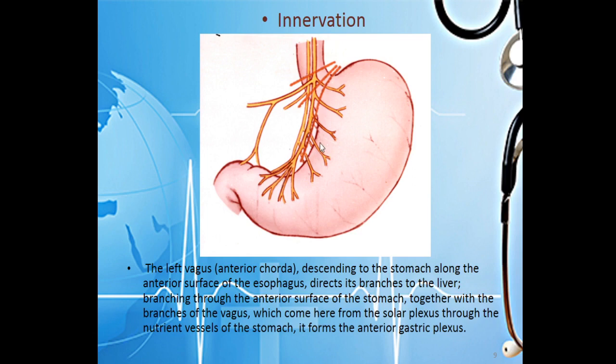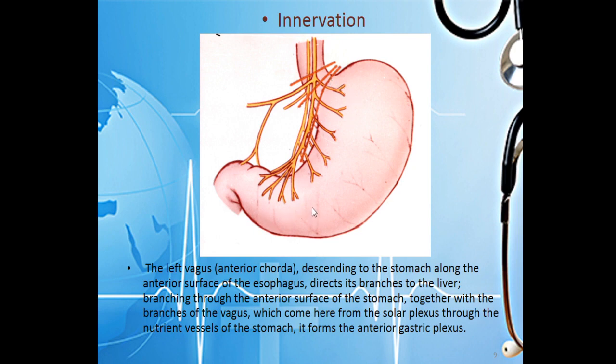There are many branches of the Latarjet nerve near the cardia, and there are branches near the pylorus. There is a special name for these places: the goose paw. This is the big goose paw. This is the small goose paw.